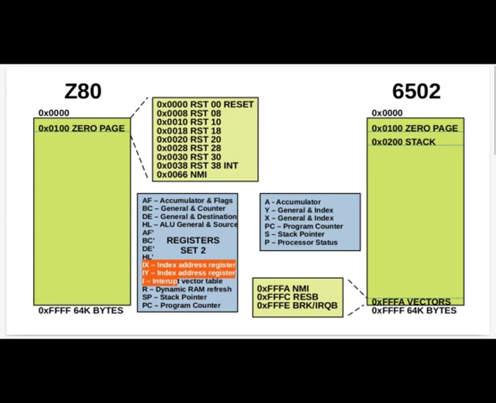There's two index registers. Now they're typically used for actually looking up values in tables from an offset, but they can be used as general purpose registers as well. Of course, the accumulator has a specific function which is to handle arithmetic and logic functions, and the flags as well.